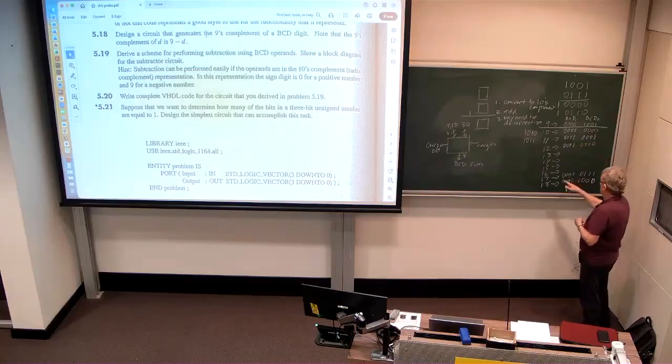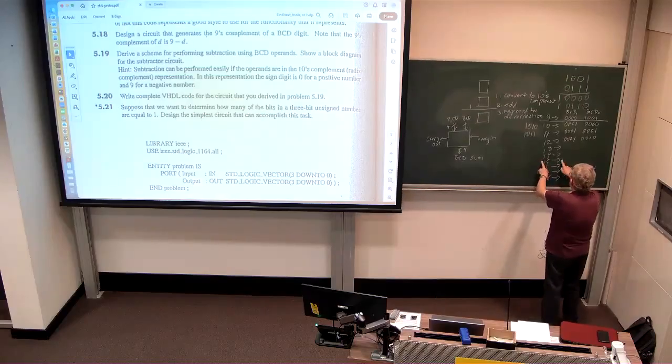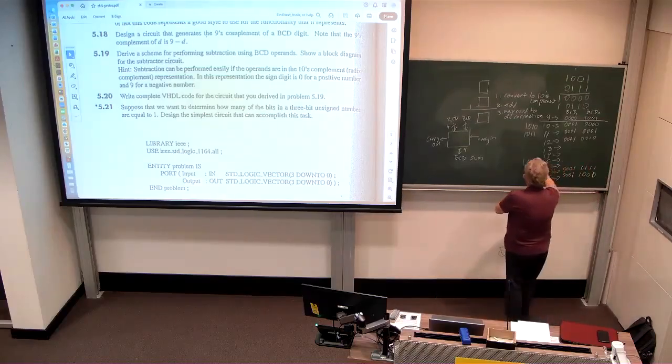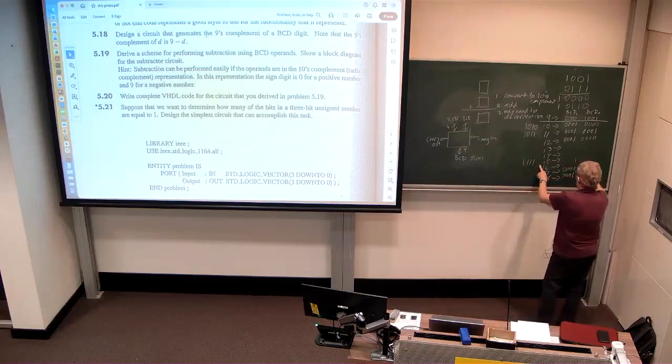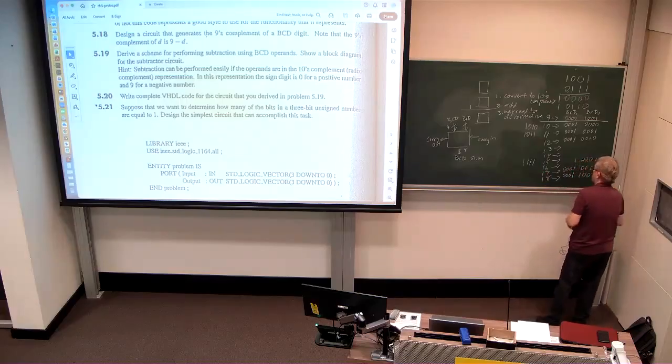Now, there are some sums here that we can't even represent. We're going to be forced into a situation where 15's fine, that could be represented. That, of course, will be converted to 1 and 5, right?